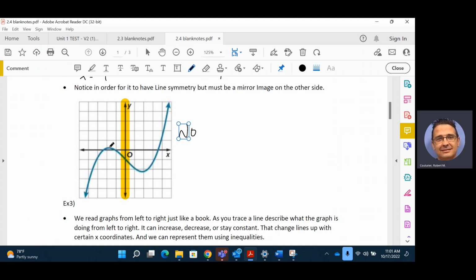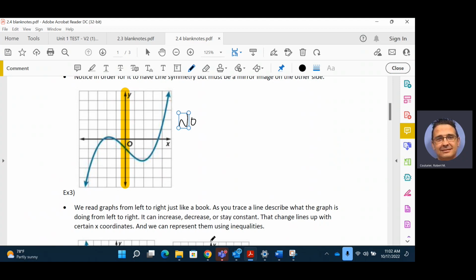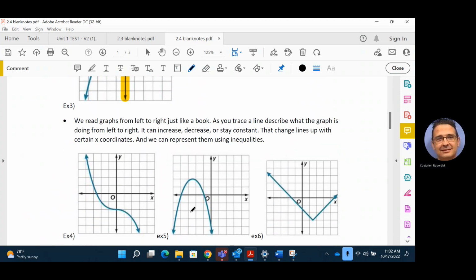And then what happens? It stops, and then it changes. And now it starts to go downhill until you get to about here, which is like 2. And then it stops and it changes. So these points at which they change direction, or change from increasing to decreasing, are key points on the x-axis. And we can write these and represent these with inequalities. Let's see how it's done.